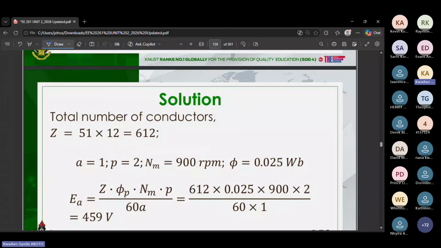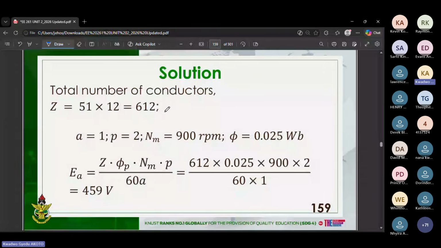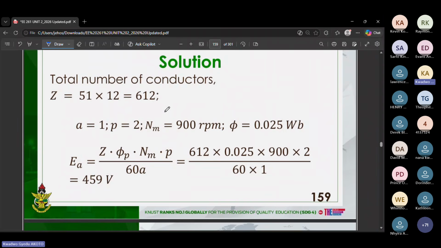The only thing that wasn't given is the total number of conductors. But even with that one, we have the number of slots and the number of conductors per slot. So the total number of conductors is just going to be 51 times 12. And then from there, the rest has been given to you, right? So please, I'm moving on because I am feeling very exhausted. So I'm moving to example 4.